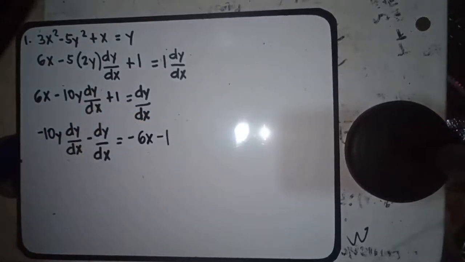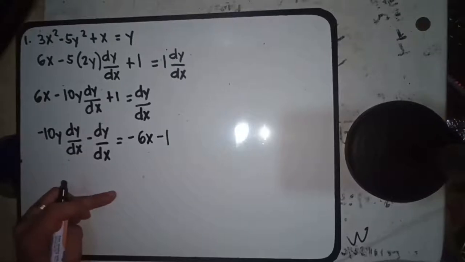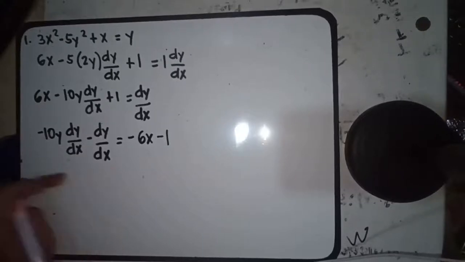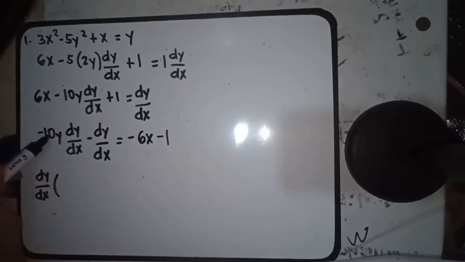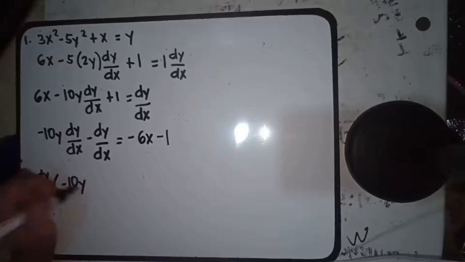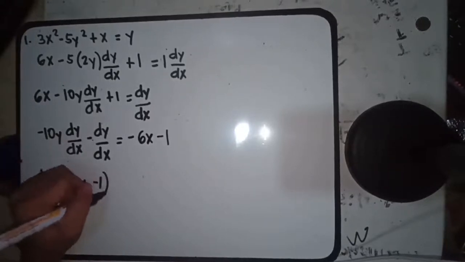Okay, after ani, we have to factor out dy over dx dire. So we have dy over dx multiplied by negative 10y, and then we have negative 1 there, no? So we'll have negative 1.